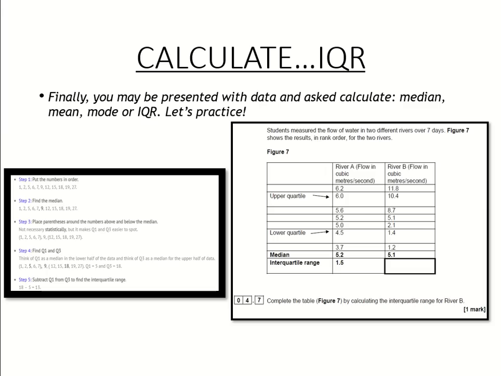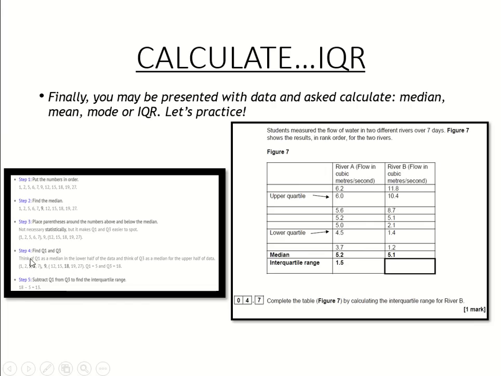The first one could be about interquartile range. And remember for this, we put the numbers into order. We find the median number. We then select the numbers above and below the median. Then, within those subgroups, we find Q1, the median, and Q3, the median.